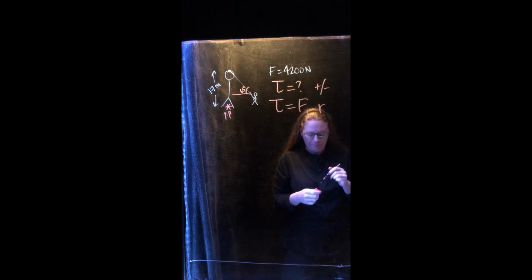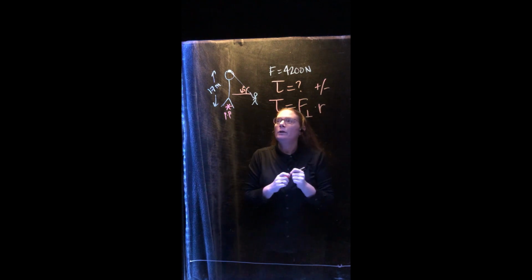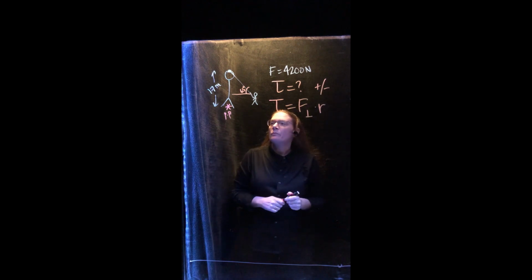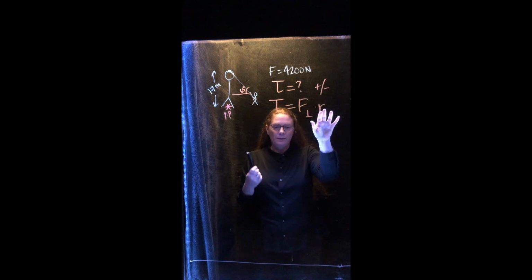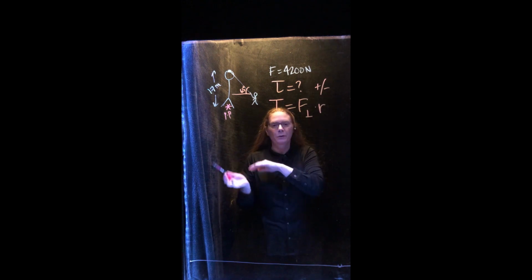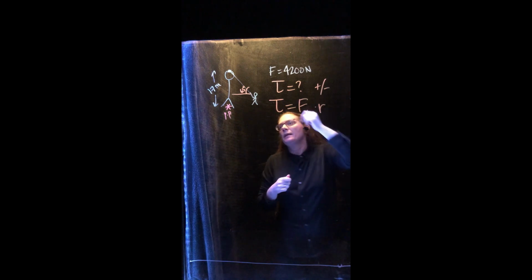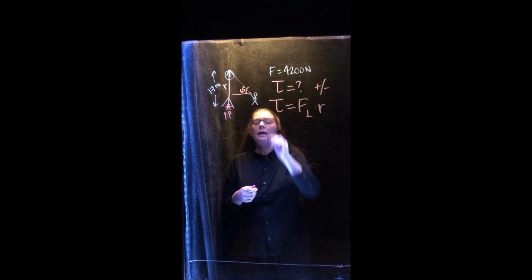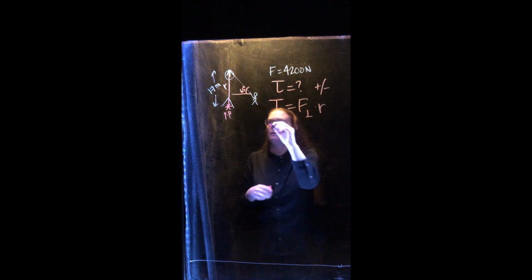So the pivot point for this problem is at the base. Now we need to figure out what is the perpendicular force and what is the lever arm. The lever arm, the distance R, is from the pivot point to where the force acts. So in this case, R is from the base to the top. We know that's 17 meters.